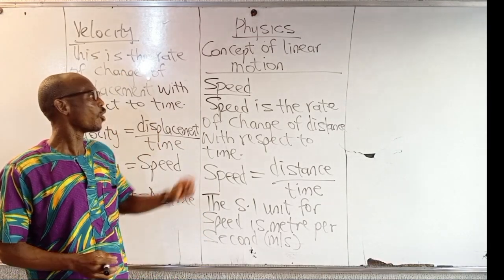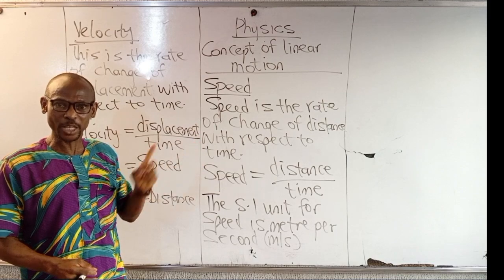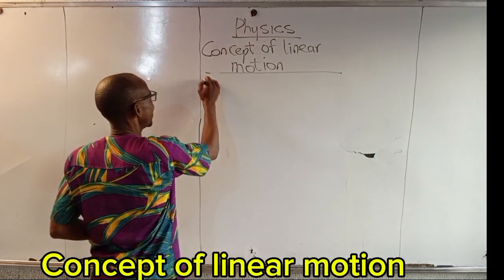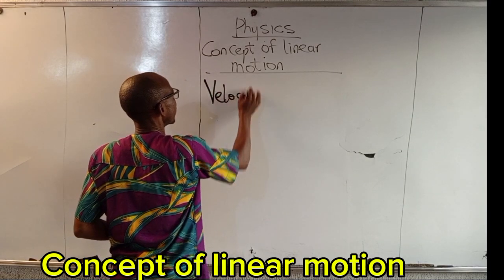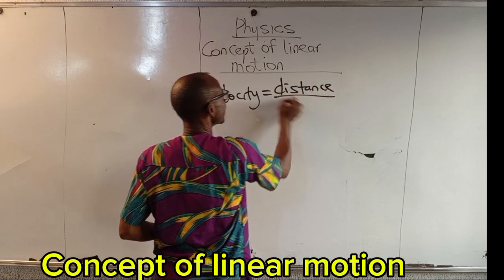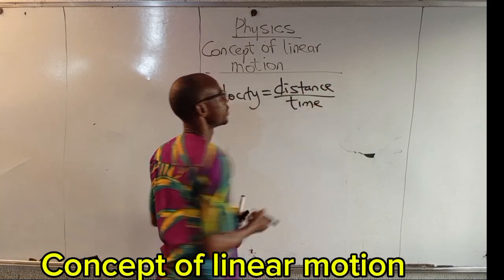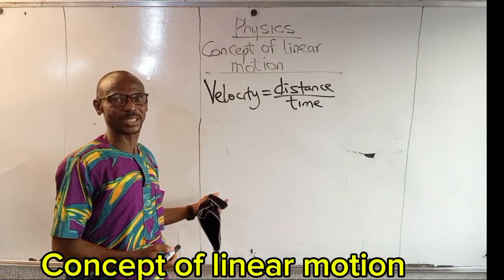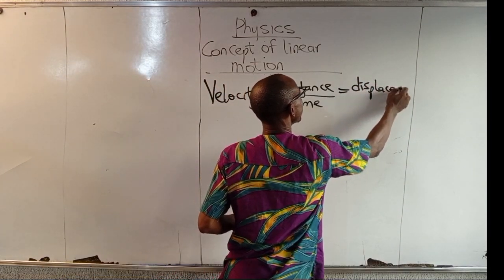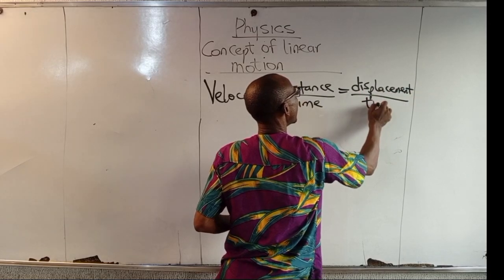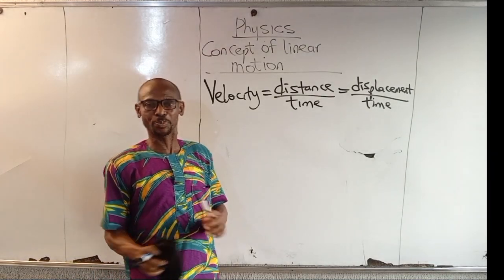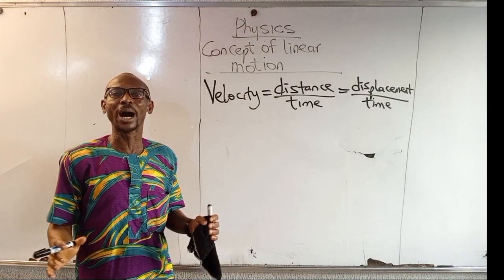Hence, we can also write velocity as being equal to distance all over time. Velocity is equal to what? Distance over time, which can also be written as what? Displacement over time. So this is basically what velocity and speed is all about.